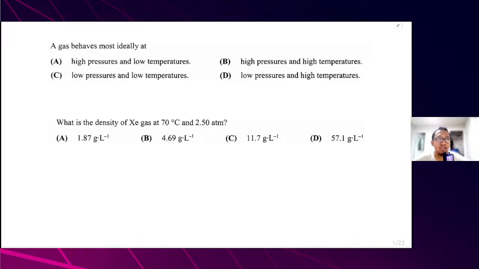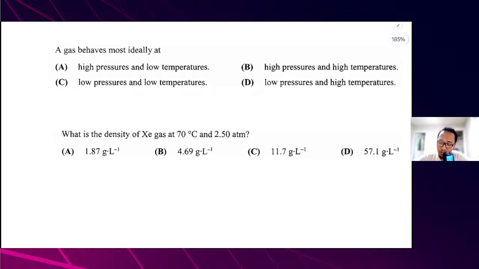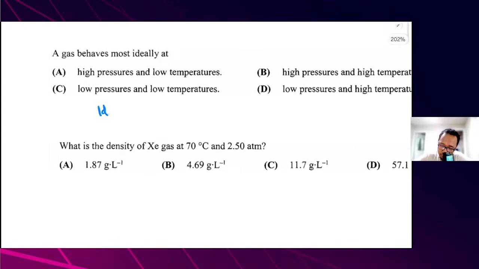When we are talking about the conditions under which a real gas behaves most like an ideal gas, we need to assume two things for the ideal gas.